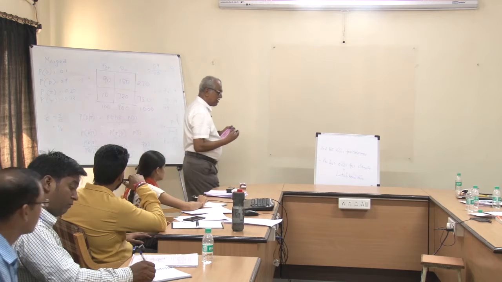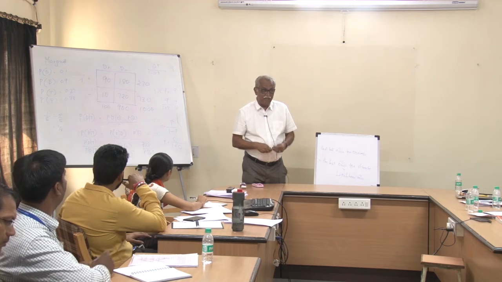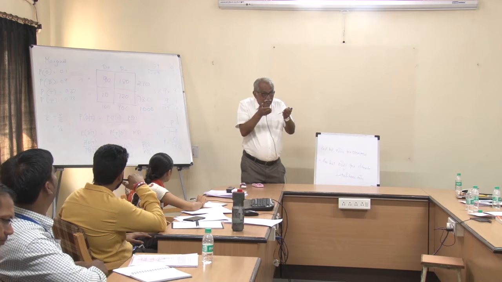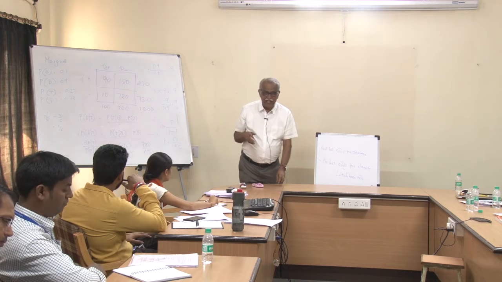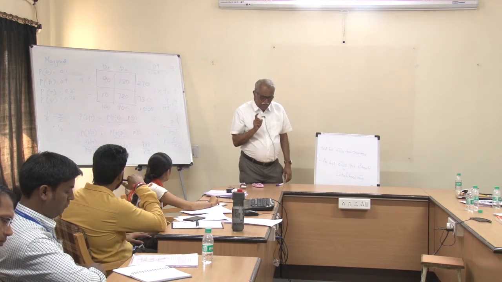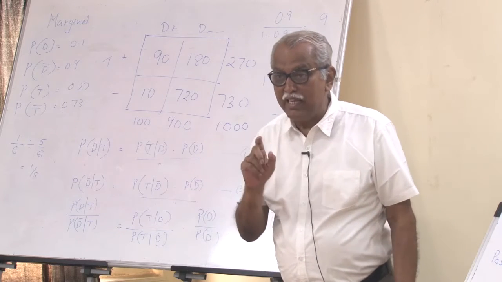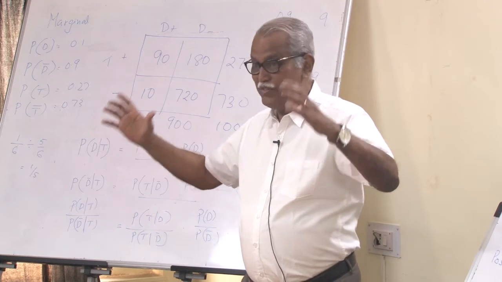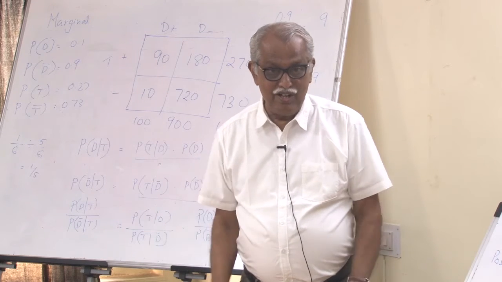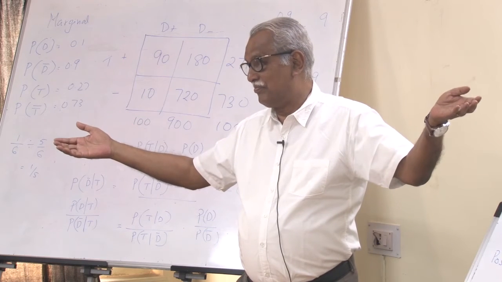Every diagnostic test, you are supposed to do that. That's the way a clinician's mind is supposed to work. You can't remember everything. But which is the most important factor in making sure you have a large likelihood ratio? Because if you have a large likelihood ratio, your post-test probability will be very high.